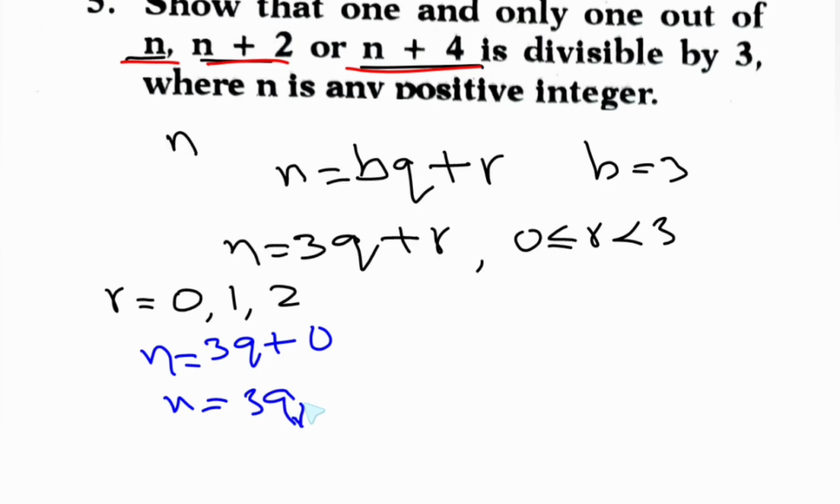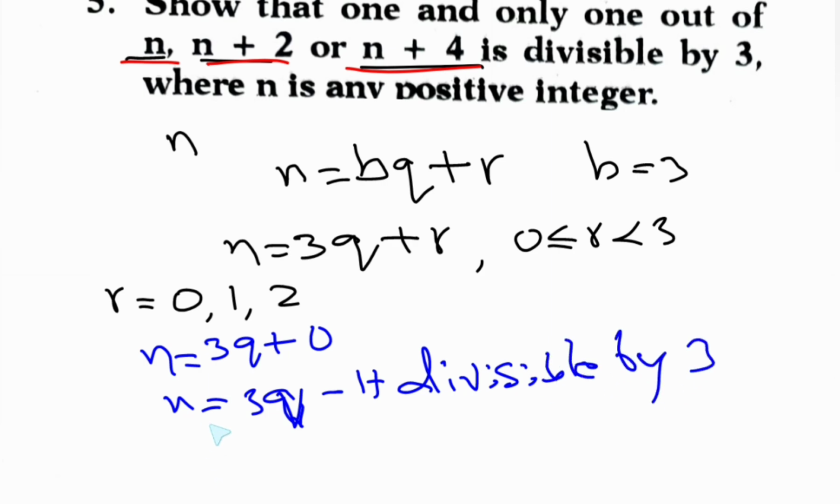It is divisible by 3. The second one, n is equal to 3q plus 1, is not divisible by 3.